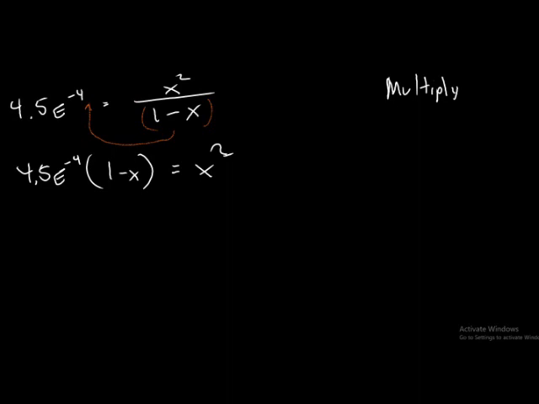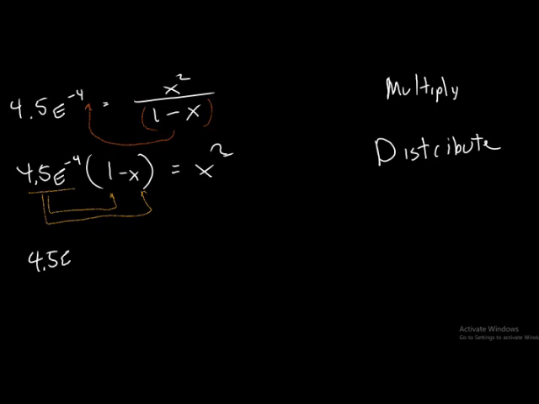Then we will distribute this 4.5 times 10 to the negative 4th to both terms inside the parentheses. When we distribute, we'll end up with 4.5 times 10 to the negative 4th times 1, which is simply 4.5 times 10 to the negative 4th, minus 4.5 times 10 to the negative 4th x equals x squared. Then we'll take all of the terms that are on the left and move them over to the right.